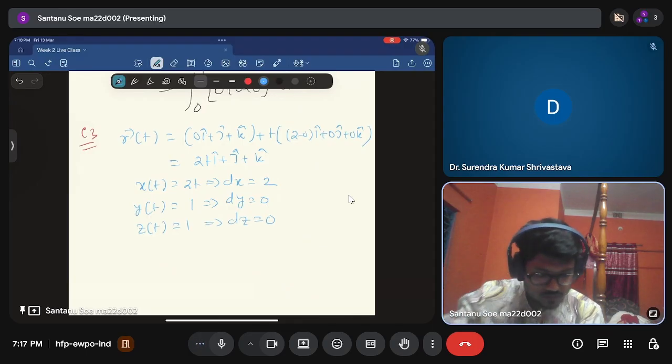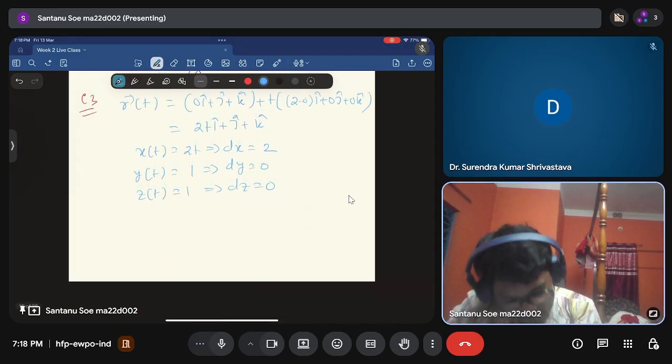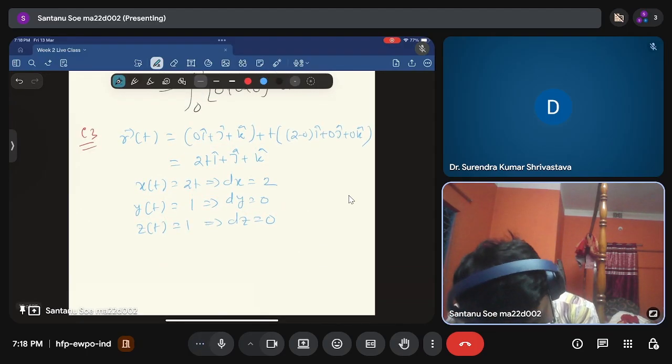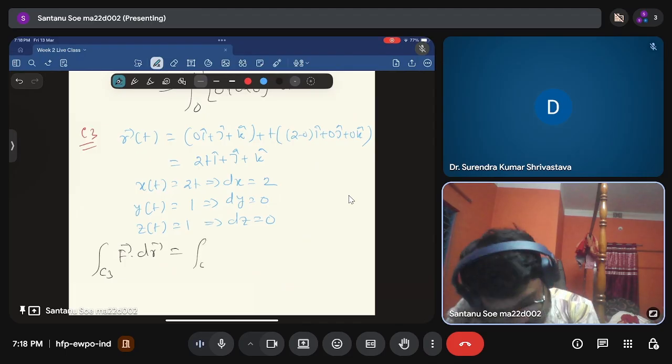So our integral over C3 of f dot dr goes from 0 to 1.